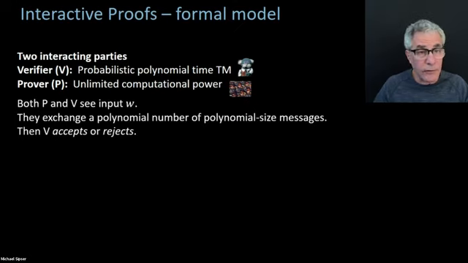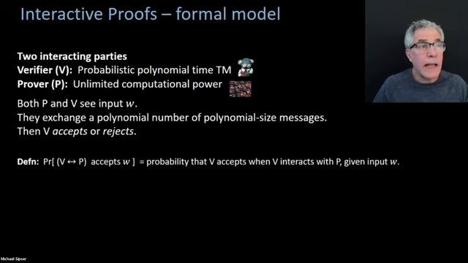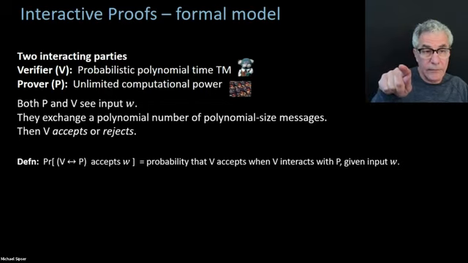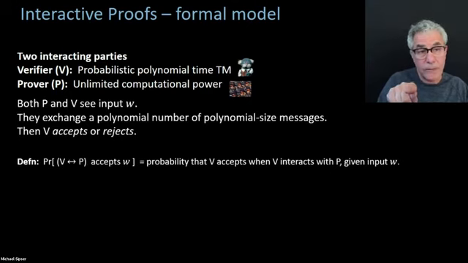After the interaction, the verifier will accept or reject. And we're going to define the probability that the verifier, together with a particular prover, ends up accepting as you look over the different possible coin tosses of the verifier, which could lead to different behavior on the part of the verifier and therefore different behavior on the part of the prover.